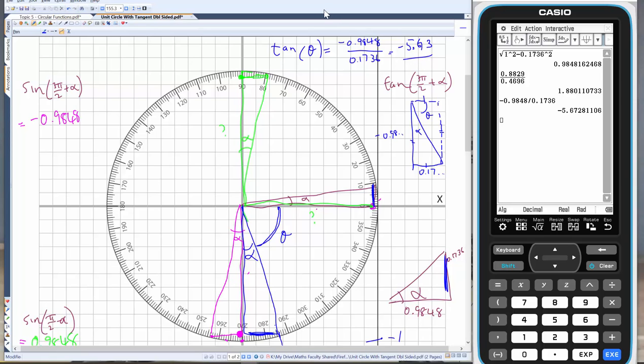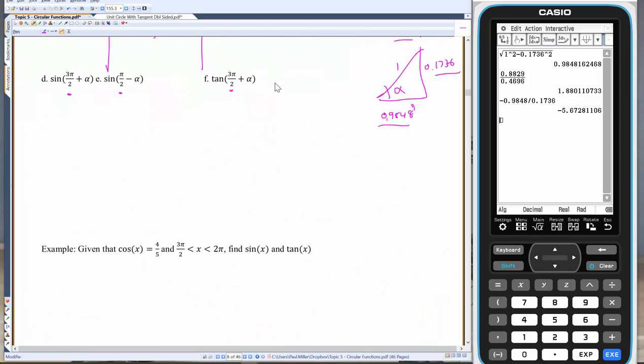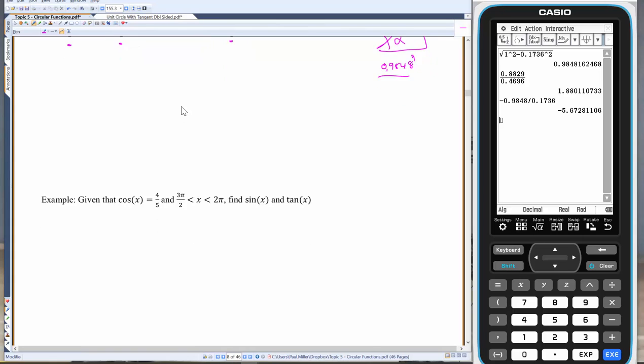Okay, that's our value. My bad. Negative 5.6728. All right, so hopefully you've grasped those questions there now a little better.